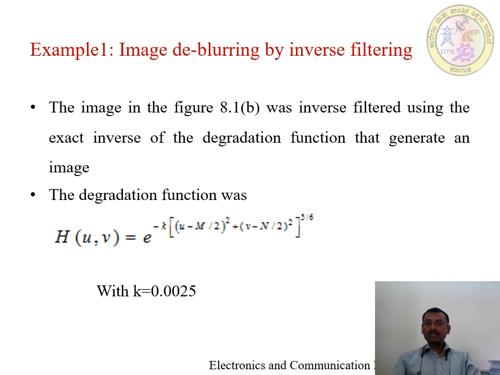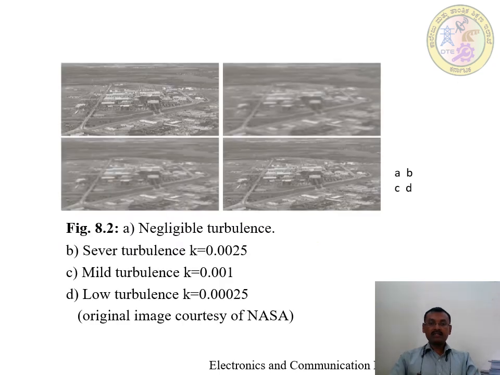Let's consider the image was inverse filtered using the exact inverse of the degradation function that generated the image. The degradation function is H(u,v) = e^(-k[(u - M/2)^2 + (v - N/2)^2]^(5/6)) with k = 0.0025.